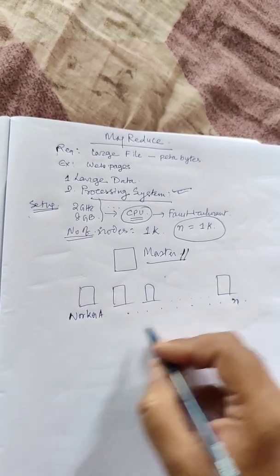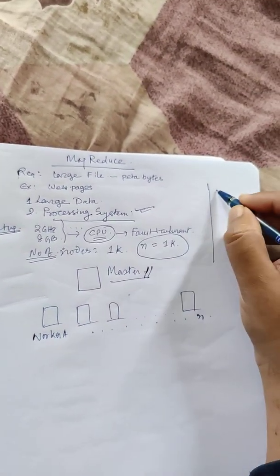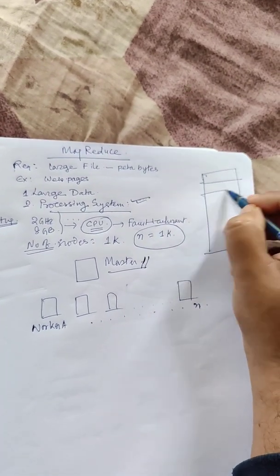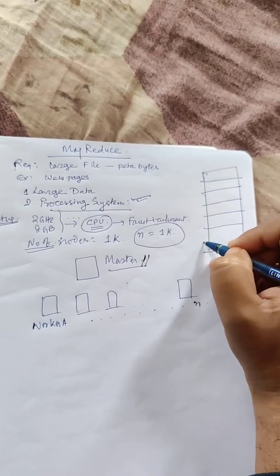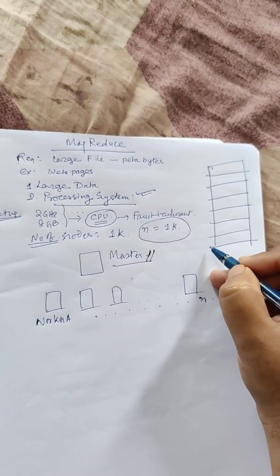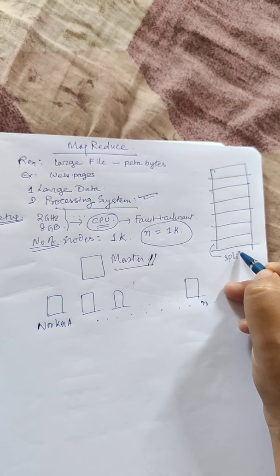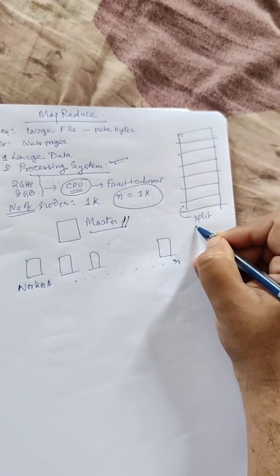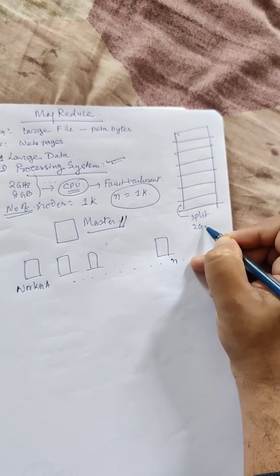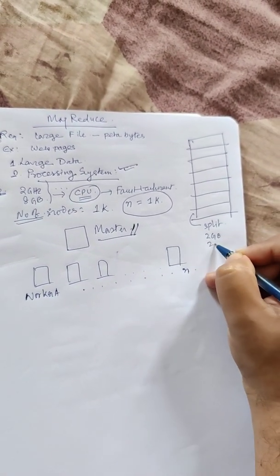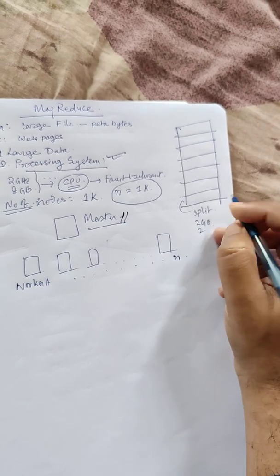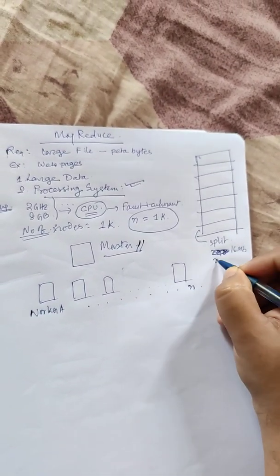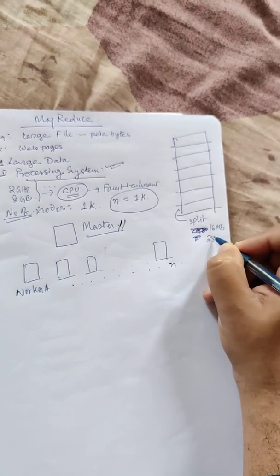Now if we talk about the large file system, as we have already seen in GFS, this large file system is split into chunks, and these chunks are termed here as splits. Every split could have a size ranging from 16 MB to 256 MB.